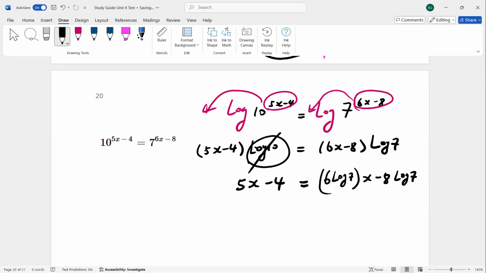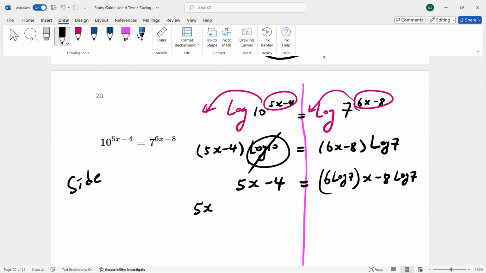And then we're going to collect like terms. A lot of times I use plus, same thing to both sides, and minus, same thing from both sides. Actually, the method I teach in the foundation class is to change the sign and change the side.